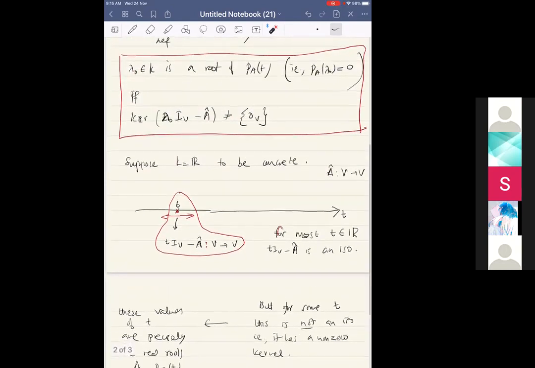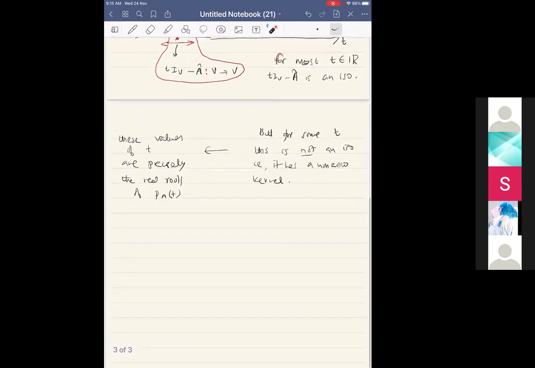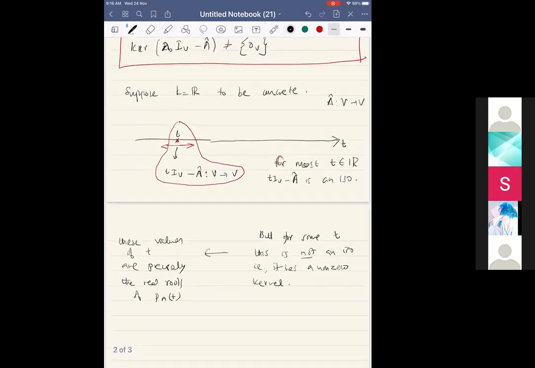So that is the content of this. In fact, you can even say more, because a polynomial of degree n has at most n roots, so it can vanish at most at n different points. If the dimension of V is n, there are at most n points where the kernel is non-zero.